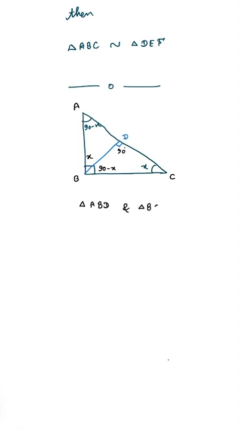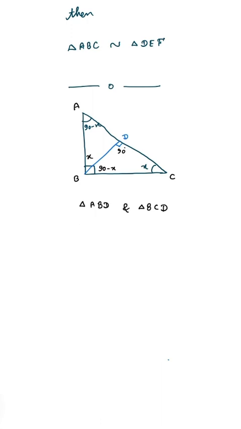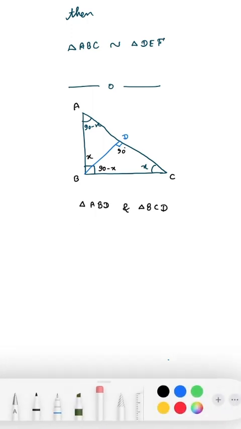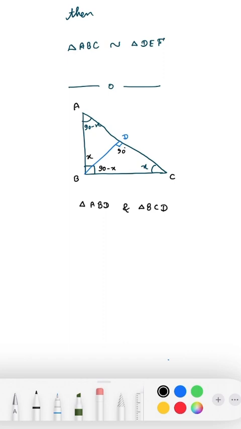Now let's consider triangle ABD and triangle BCD. Let's write it this way. In triangle BCD, angle C is x and angle DBC is 90 minus x.